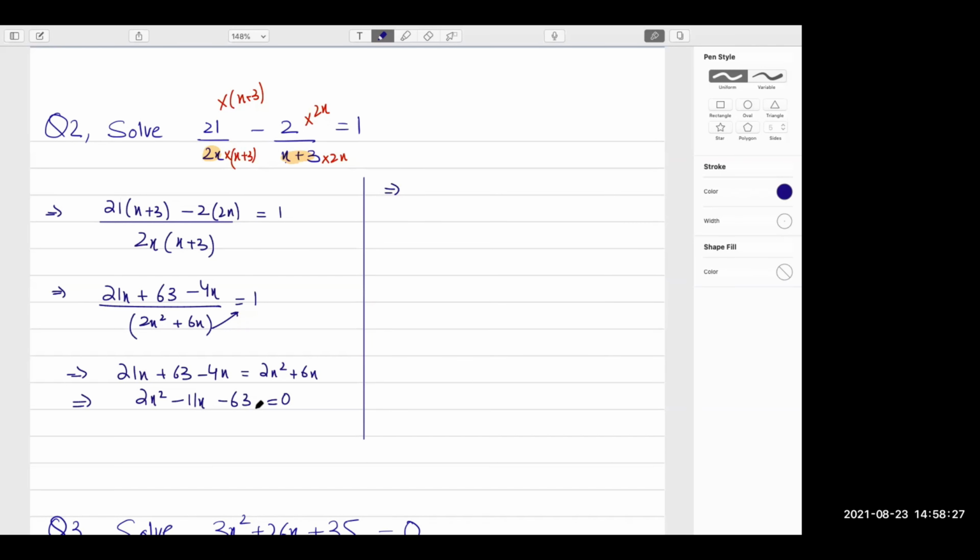You want to solve it by keeping the equation equal to 0. So again, you can go for factorization. Please tell me the middle term.